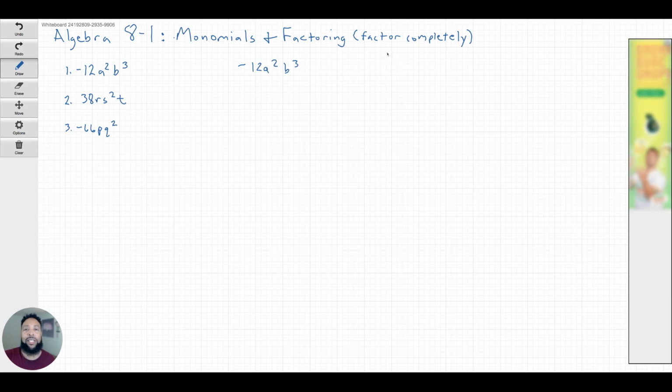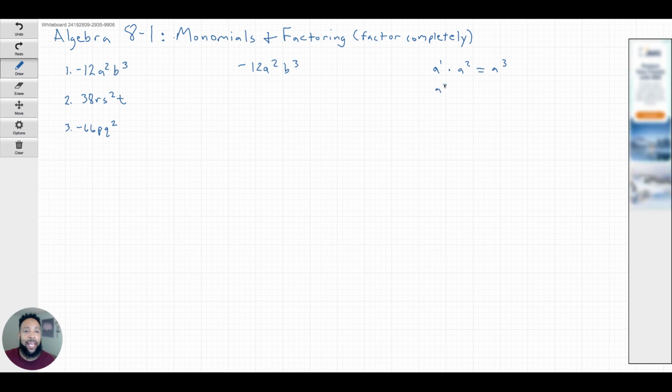So as you can see, we're dealing with exponents. In case you don't remember or you haven't seen this before, if I have a to the first times a to the second, that answer is a to the third. When you're multiplying numbers with exponents, you just add the exponents. So here we have 1 plus 2 is 3.